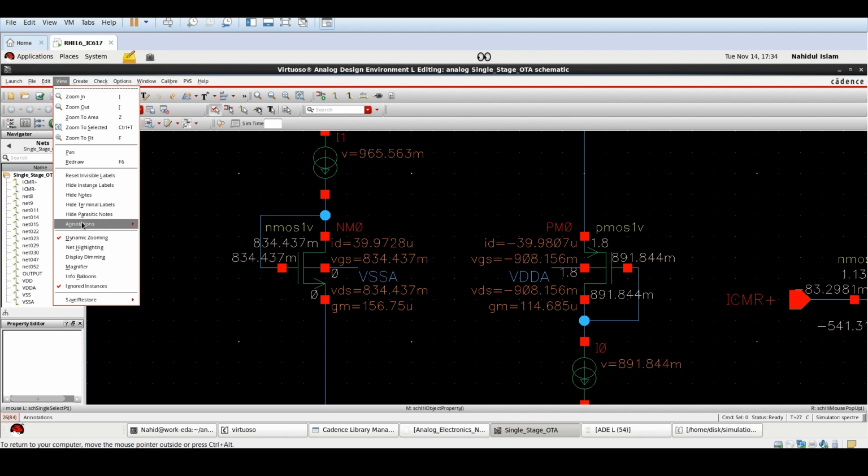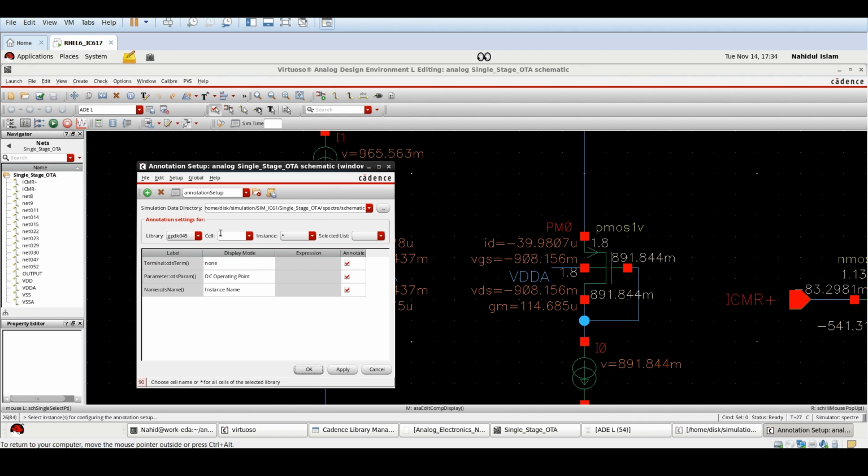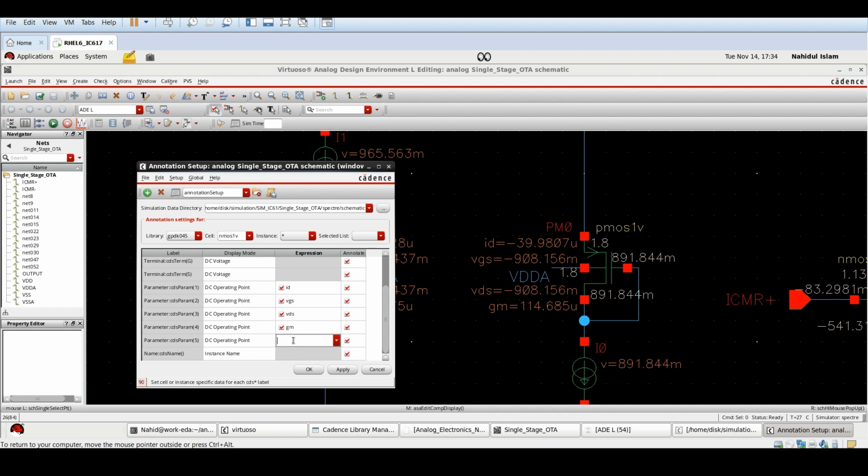To show this threshold voltage, I have to set up another field for NMOS: I have to add VTH. For the PMOS, same.